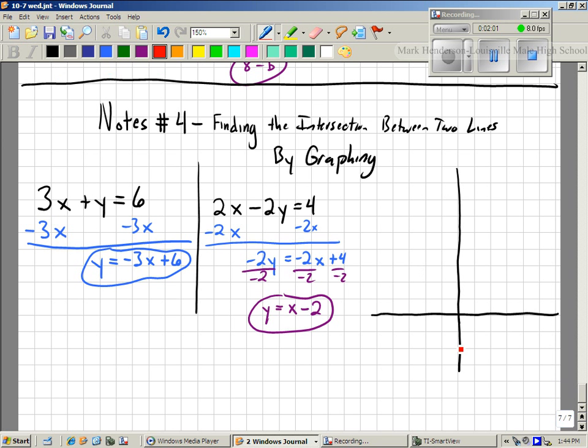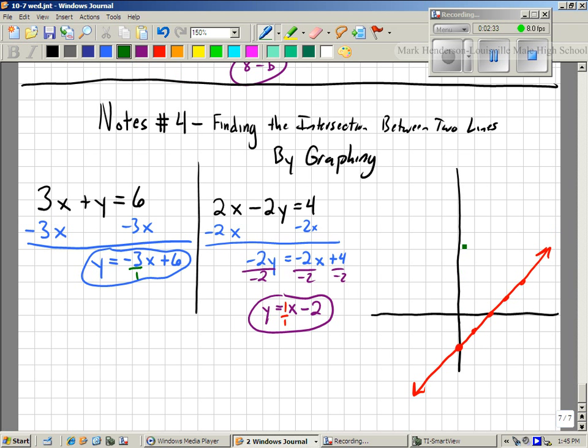So what we're going to do, we're going to go down 2, and from there, we're going to go up 1 to the right 1. Like this. Secondly, for the blue one, I don't want it purple, I'll do it in green.